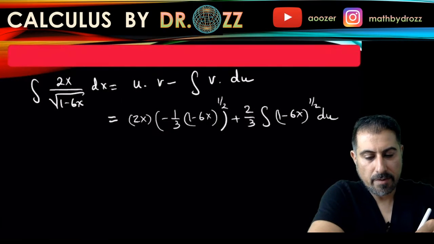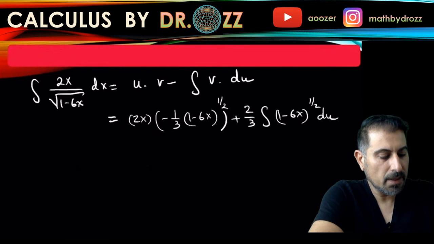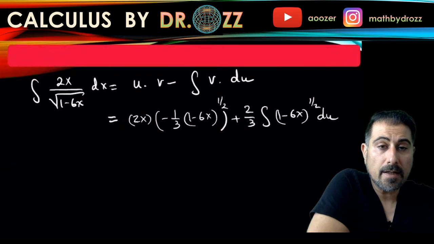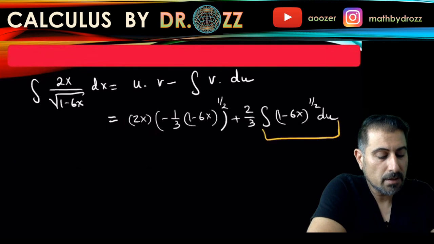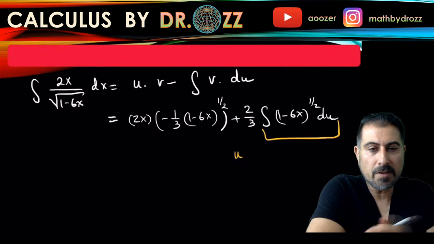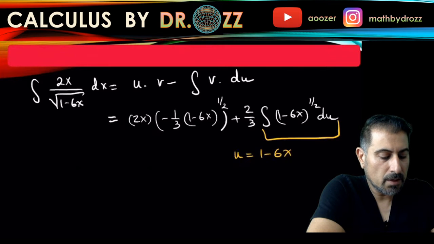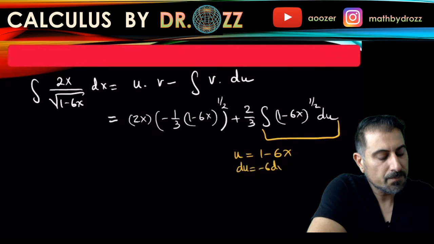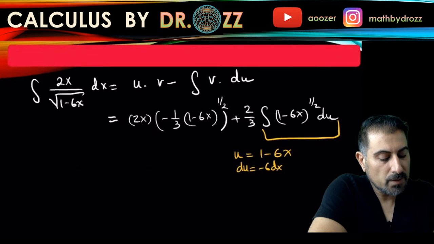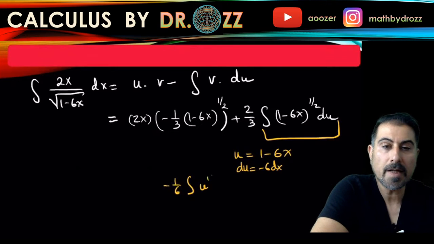Now I have to take care of this integral, and I'm going to use a u substitution. So u equals 1 minus 6x, the way we did to find v. Then du is negative 6 dx, so that integral turns out to be negative 1/6 u to the 1/2 du.